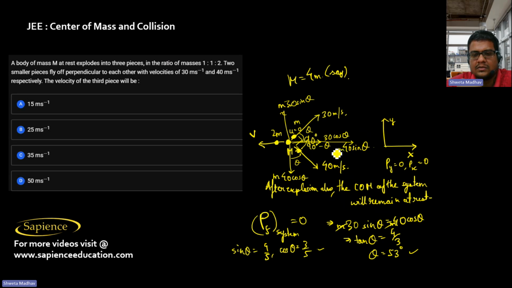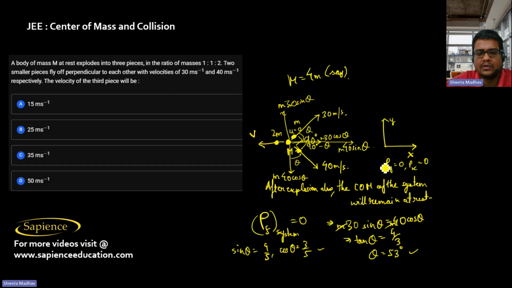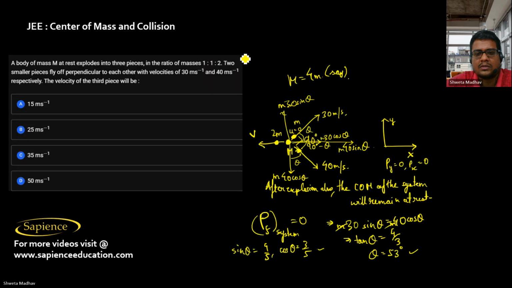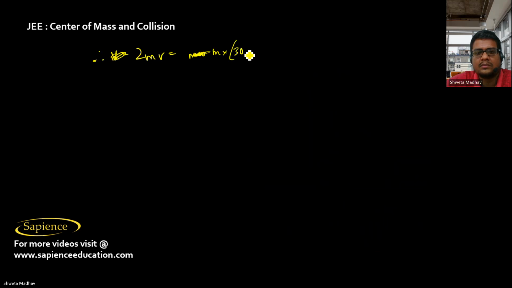And here also this will be m, 2m into v, 2mv. It means the net momentum along the x-axis should be 0. So 2mv should be equal to m into 30 cos theta plus 40 sin theta.